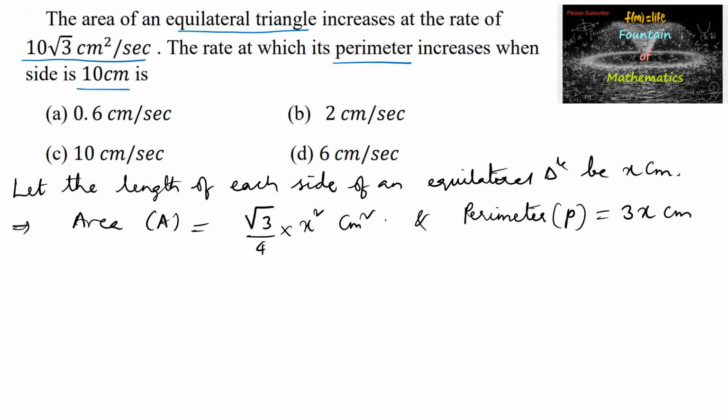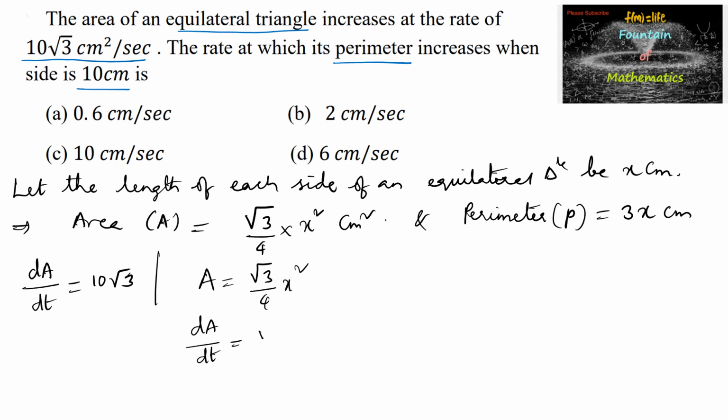Since it is given that dA by dt is equal to 10 root 3 centimeter square per second, and we have A equal to root 3 by 4 x square, differentiating with respect to t, dA by dt is equal to root 3 by 4 into 2x into dx by dt.